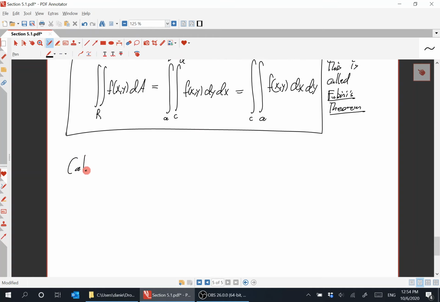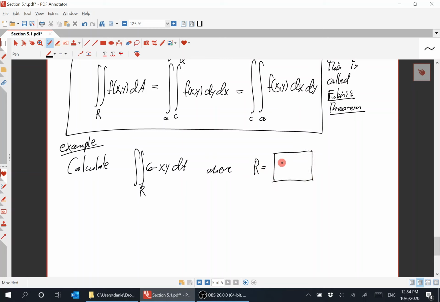So let's calculate the double integral of 6 minus xy dA over R, where R is the rectangle x goes from 0 to 2 and y goes from 0 to 3, in two different ways.